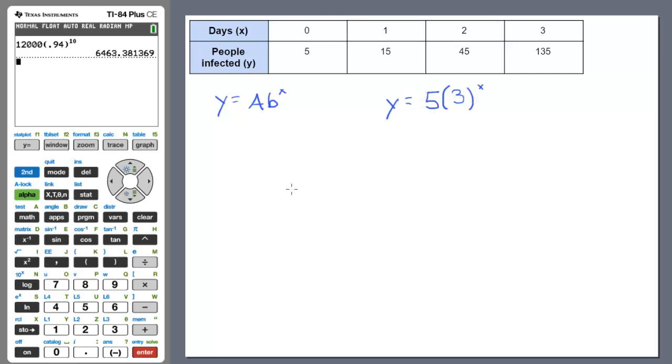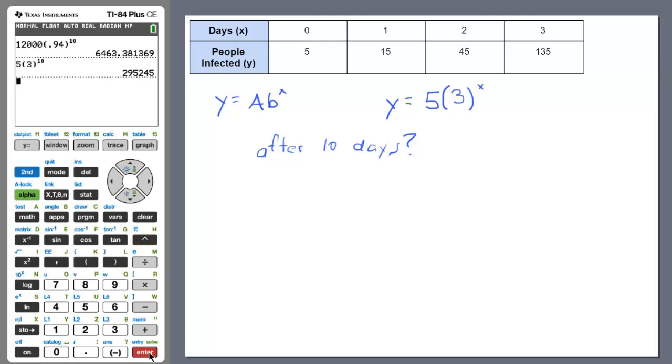One more question. So how many people will be infected, let's say, after 10 days? Okay, so how many people are going to be infected with this disease after 10 days? Well, since X represents the days, all you have to do is go over to your calculator and use this equation, 5, and then in parentheses 3, to the power of 10, because we want 10 days.